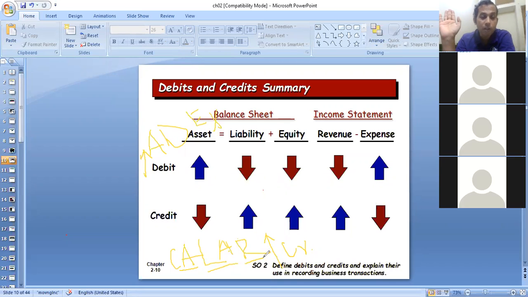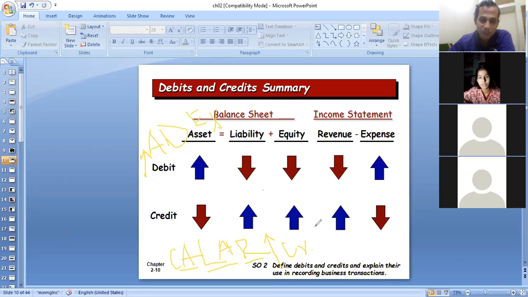So you do not need to remember the debit items because the opposite is the debit automatically. Meaning that if capital decrease, it's going to be debit. If liabilities decrease, debit. Revenue decrease, debit.